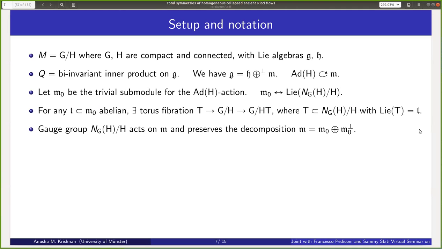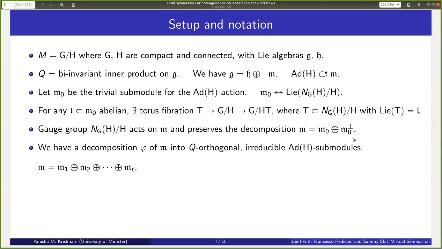Further, I should observe that the gauge group NH mod H acts on M by the adjoint action, and it preserves the decomposition of M into M naught and M naught perp.